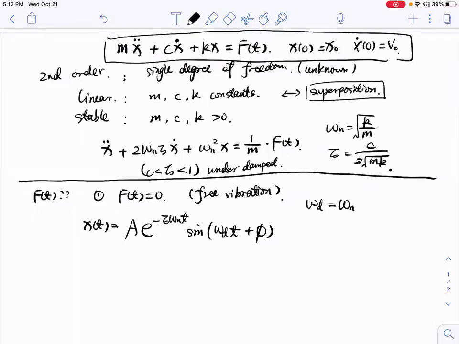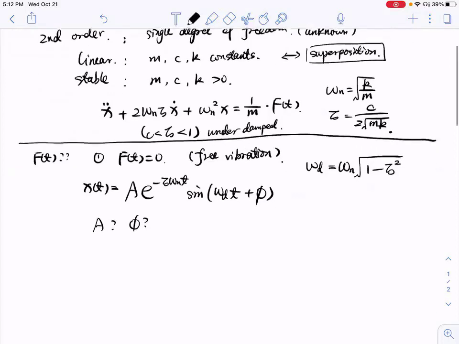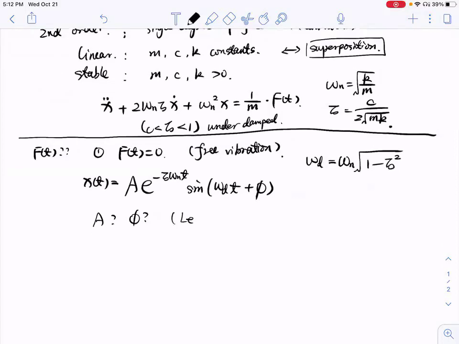It's a function of omega n and a function of your damping ratio. And then how to find your A and phi? You need to go back to lecture number 3, slide 7. Your A and phi are determined by initial condition.